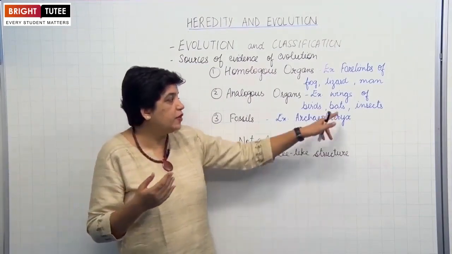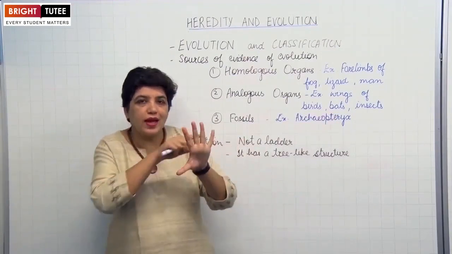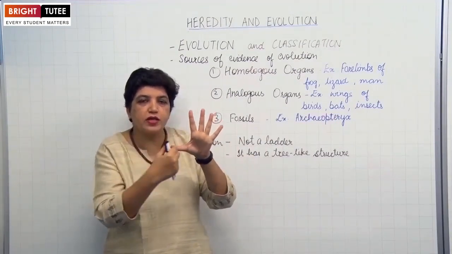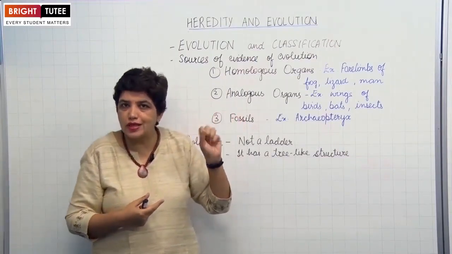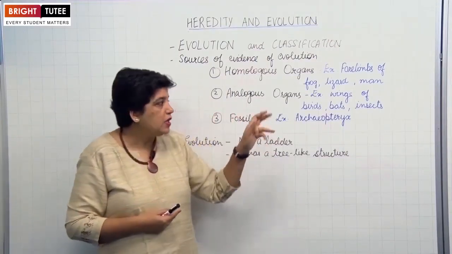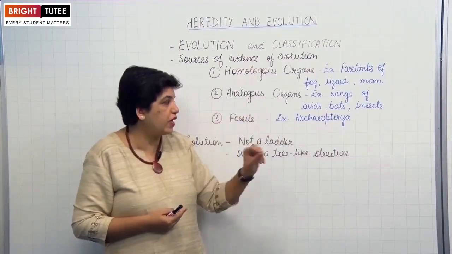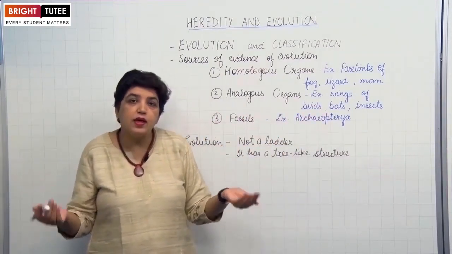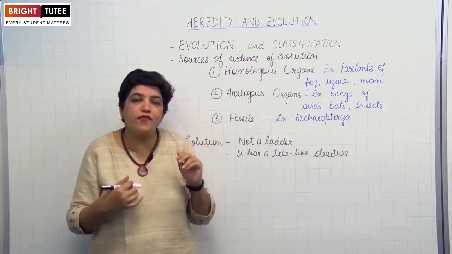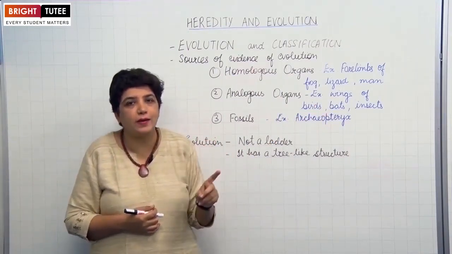And the wings of bats look like fingers with extended skin in between. So the basic structure of the wings of birds, bats and insects is totally different, but they use them for the same function, that is flying.